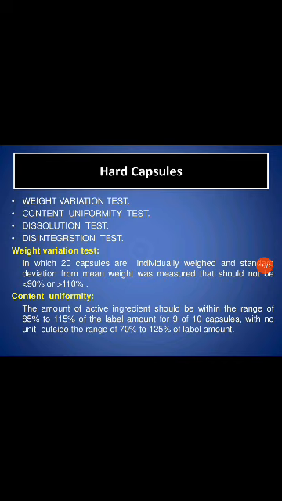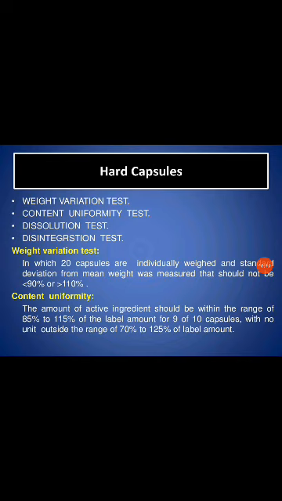So now the evaluation tests. Similar to tablets, the evaluation tests generally performed for capsules include weight variation test, content uniformity test, dissolution test, which is performed either in basket or paddle, and generally the dissolution time should be more than 30 minutes to give 90% bioavailability.